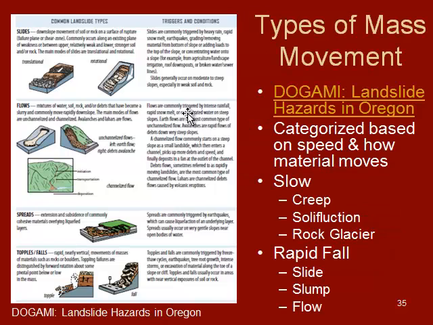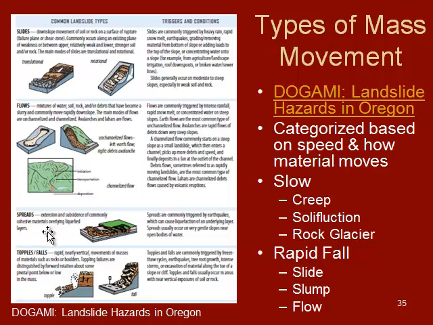A great place to look at some descriptions of these is not only your textbook, but also this link here to a publication put out by Scott Burns of PSU and the Doug Amy program. Basically this breaks us down into slides, flows, spreads, and topples or falls.